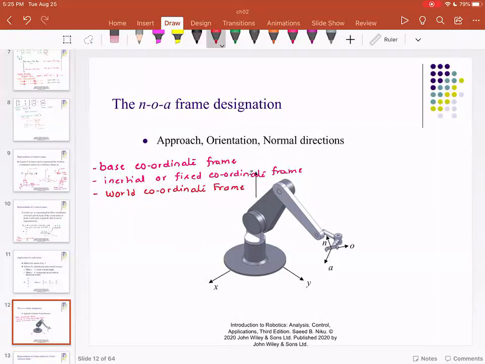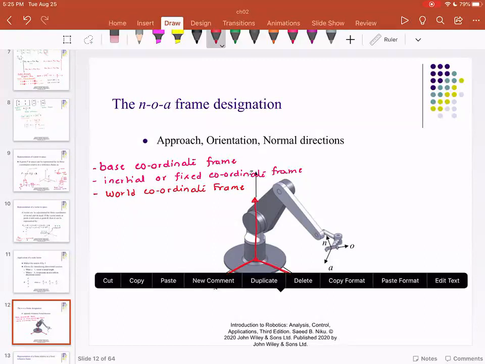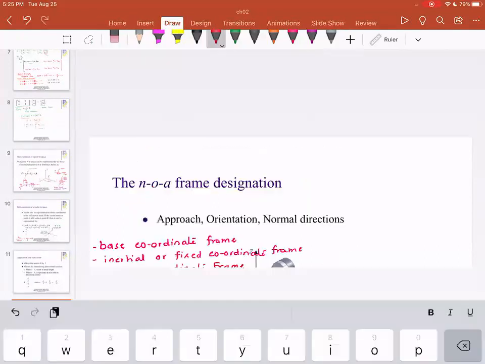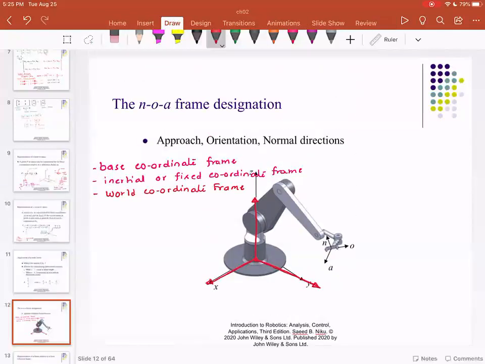So this frame is fixed to the base, and this frame does not rotate. That's why it is called the fixed or inertial coordinate frame or the world coordinate frame. So I'm going to show that this frame is fixed.